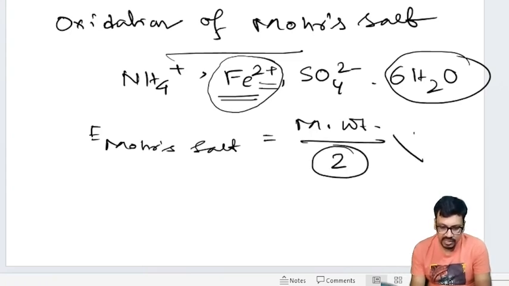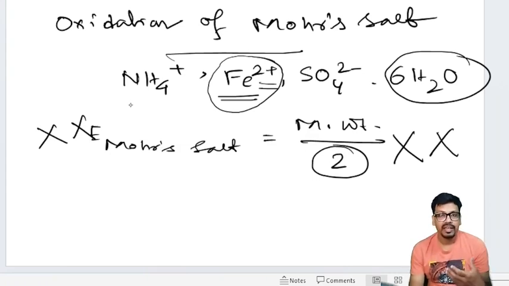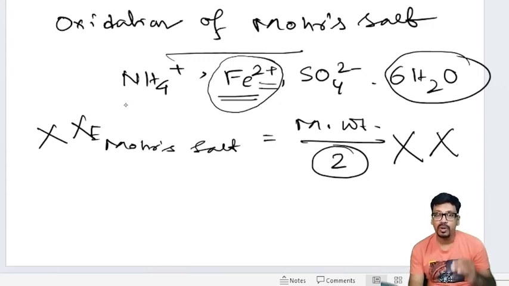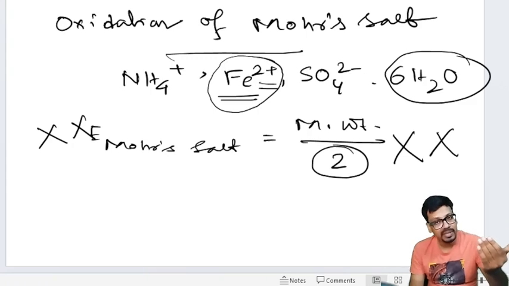But this is wrong. This is not correct. Clear? This is the reductant. Okay? So Mohr's salt itself is oxidized.